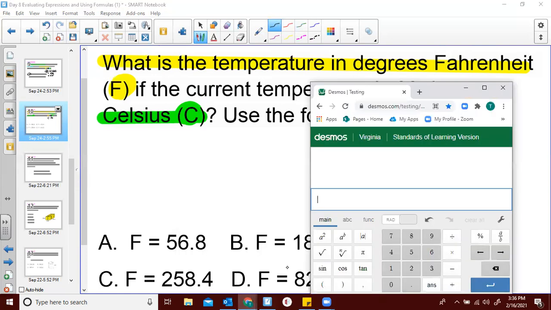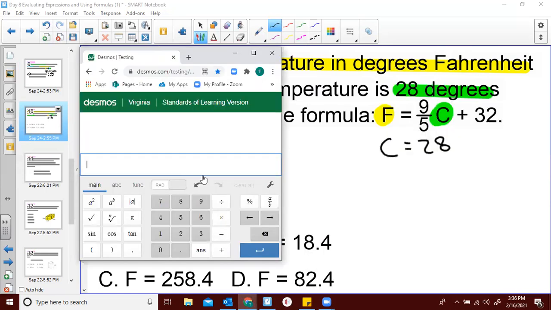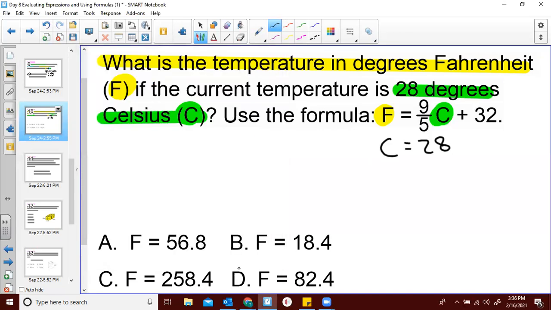And just to kind of show you, even though Desmos does take a little bit of time on the computer, 9 divided by 5, we have our C plus 32. Remember, keep that C capital, you get 28. And your answer is 82.4 degrees Celsius, or D.